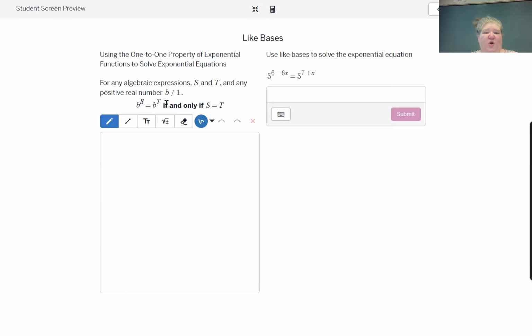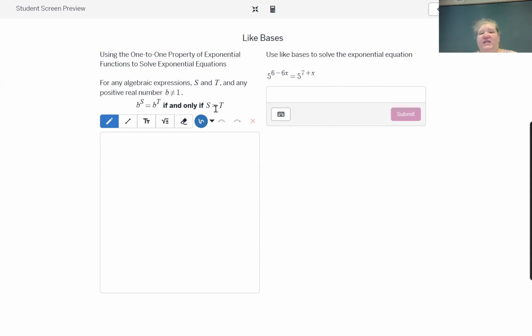Now, this if and only if is just a really fancy math way of saying this transformation works both ways. So if I have b to the s equals b to the t, I can say, therefore, s must equal t. But also, if I have s equals t, then I can say b to the s equals b to the t.